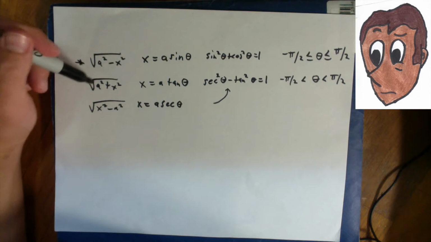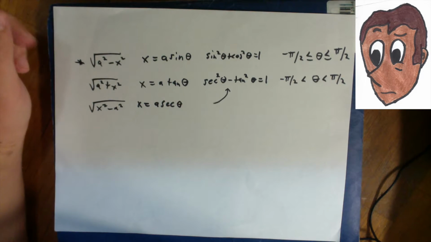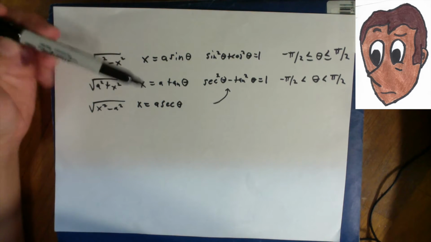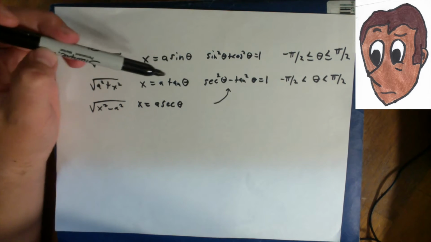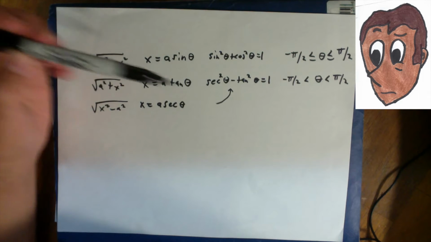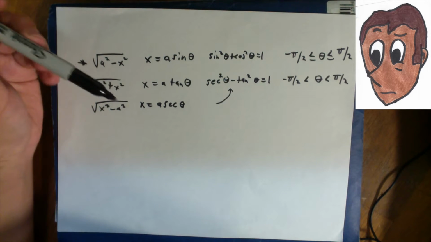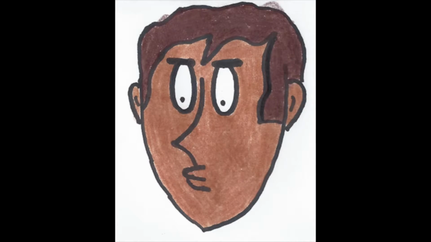It's always going to be positive because everything is squared. The problem is that if you plug in pi over 2 or negative pi over 2 for your secant or your tangent, you're going to get an infinity, and normally that's not a good thing, especially for an integral.